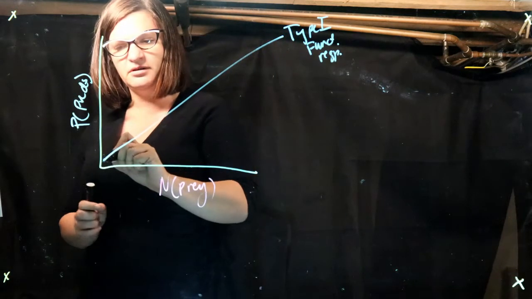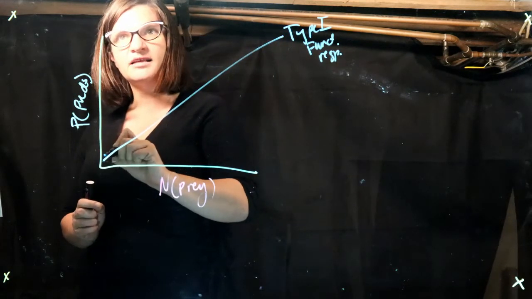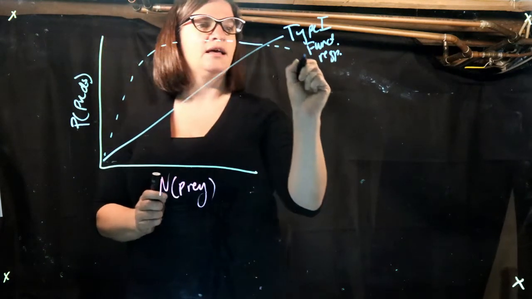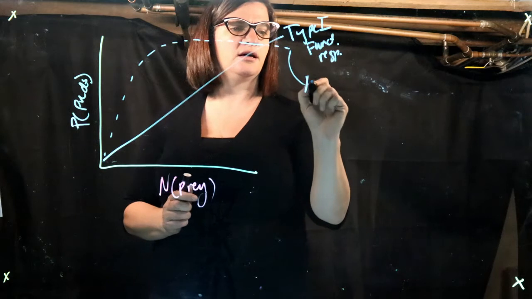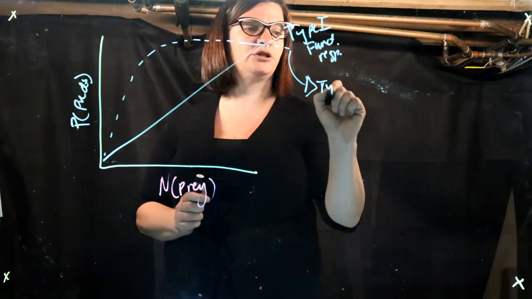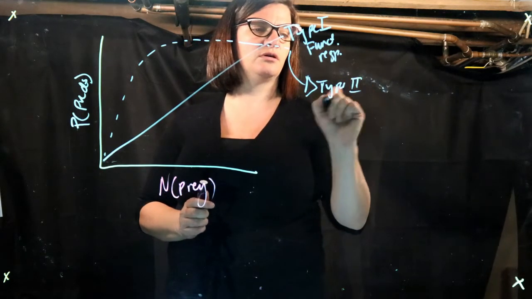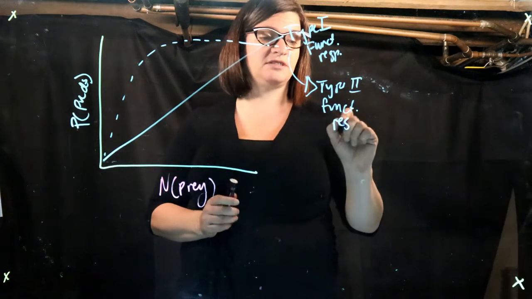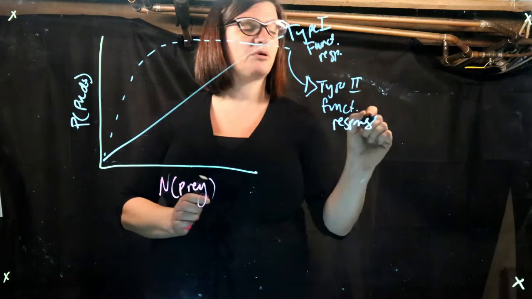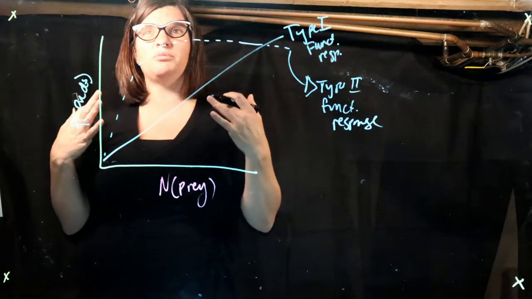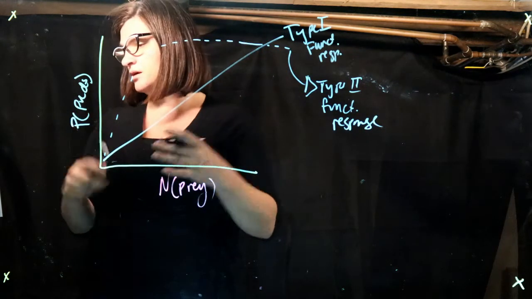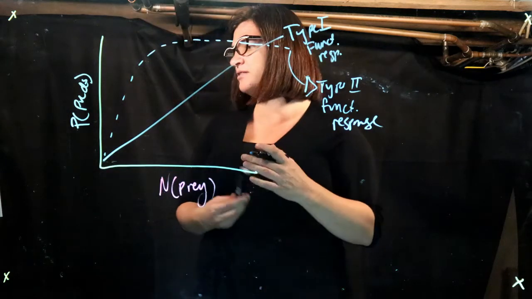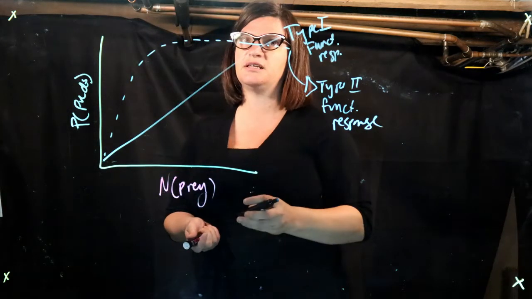What's more common is you'll have an exponential increase up until its saturation point, and this is called a type 2 functional response. We see this quite often. This type 2 response is a more common response to prey availability.